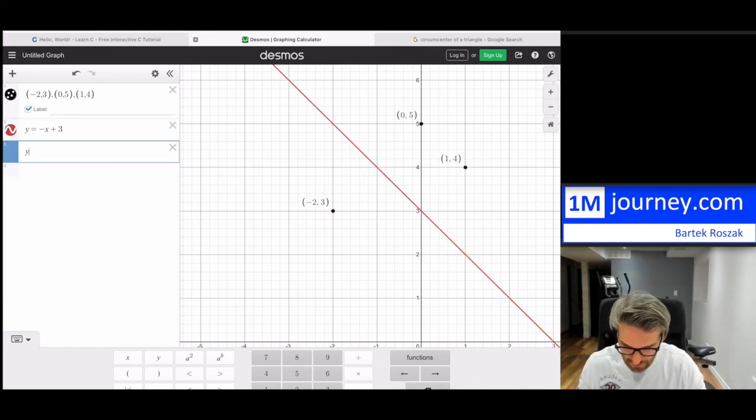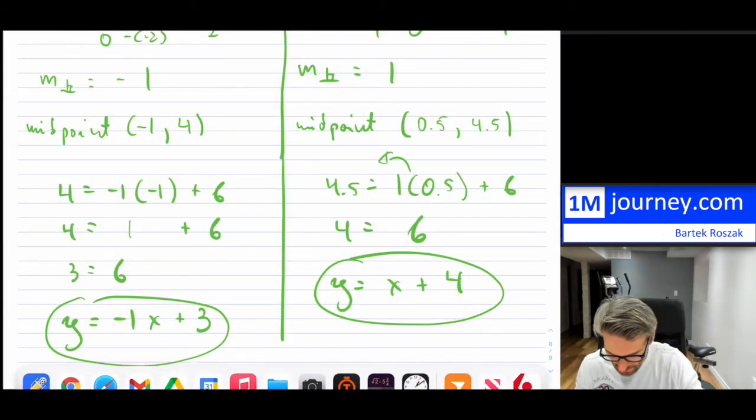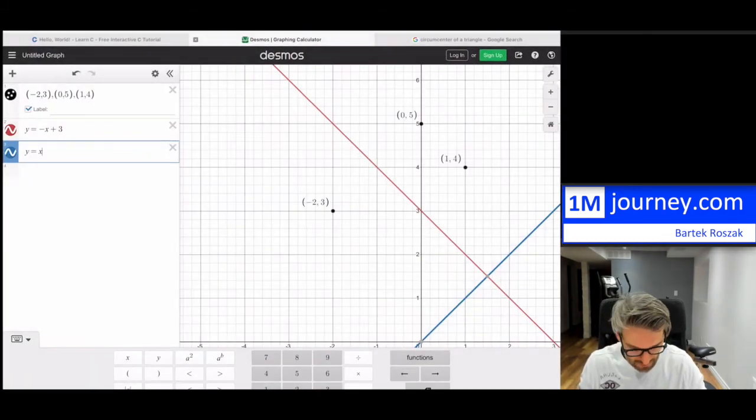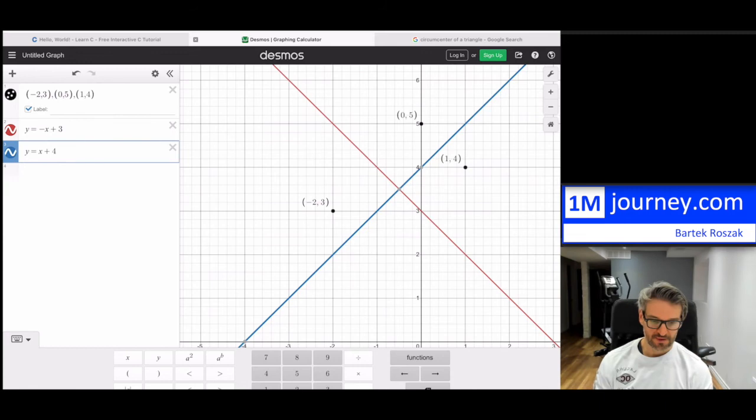And then my other one was y is equal to 1x, and that was, I forget, plus 4. Plus 4. And there we have it. Okay, so now we have that.